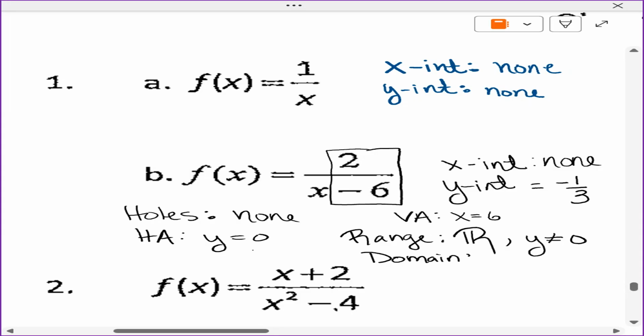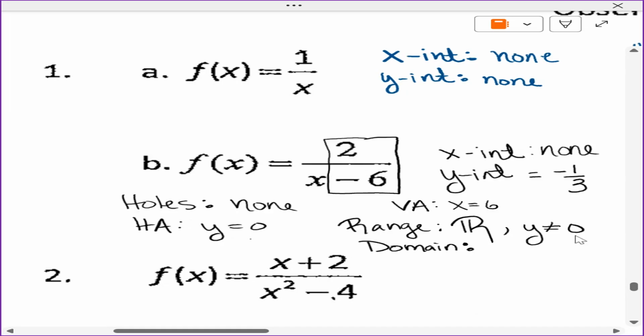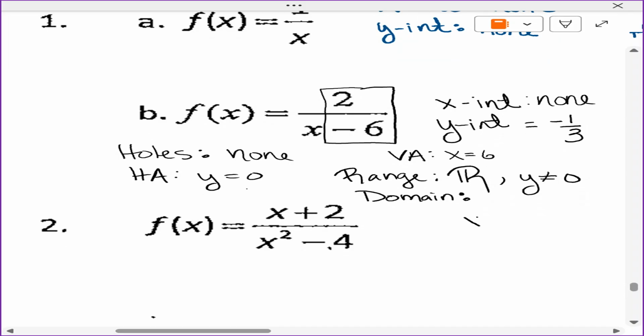As x gets really, really small, so as x approaches negative infinity, what happens to y? What's your horizontal asymptote? Y approaches 0. As x approaches positive infinity, y also approaches 0, just from the other direction.